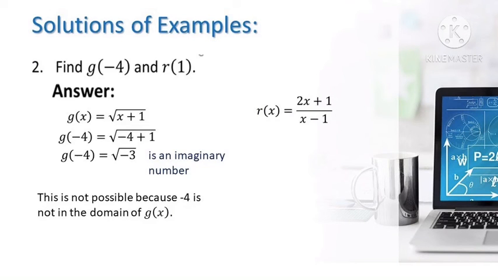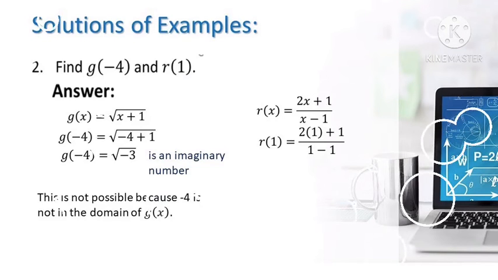Now for the function r, which is r of x is equal to 2x plus 1 all over x minus 1, x has to be replaced with 1 both sides of the equation. So, the function now becomes r of 1 is equal to 2 times 1 plus 1 all over 1 minus 1.